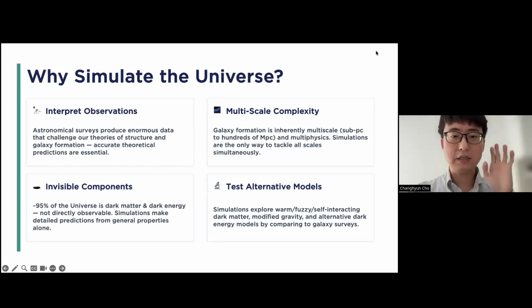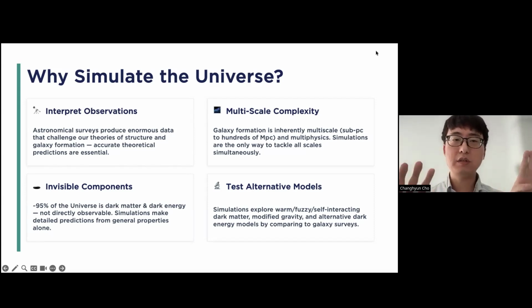If the result is similar to the observation, then our understanding is correct. But sometimes, actually many times, the simulation result and the observation result are not the same. That's actually more exciting because we can learn about the discrepancy in our model. So that's also something we do simulations for.